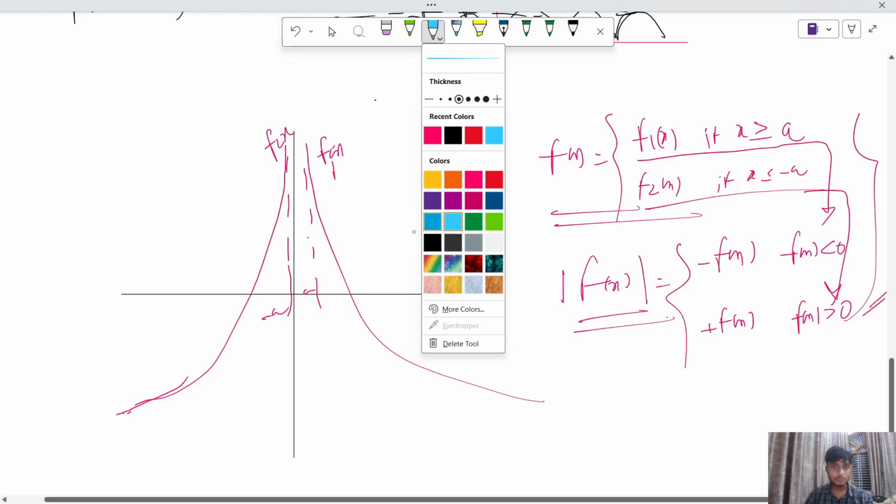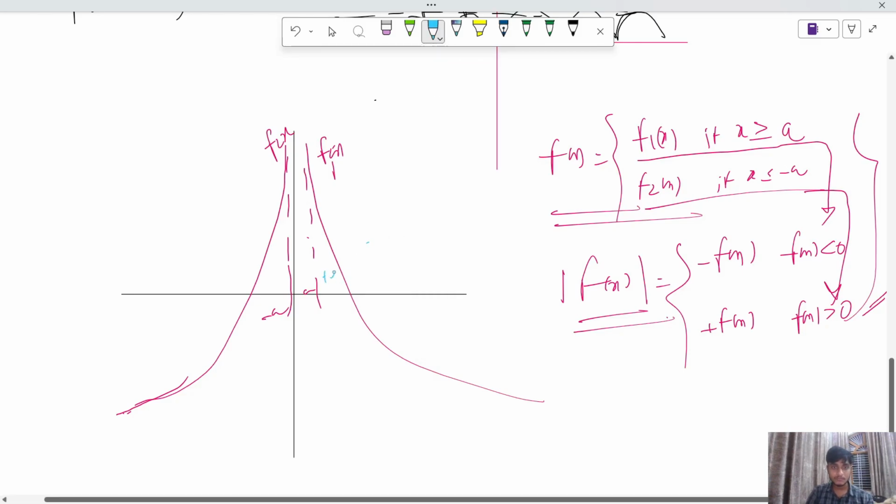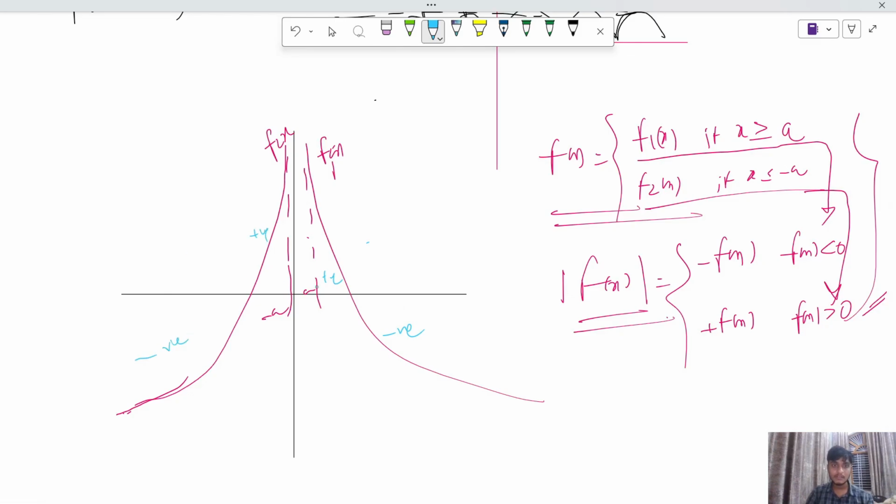Let's take the loop. So this is positive, this is negative, this is positive, and this is negative. Positive will stay positive, and this will become a mirror image of this. Whatever is here, shift it up, just mirror image about the x-axis, and again this one, same mirror image.